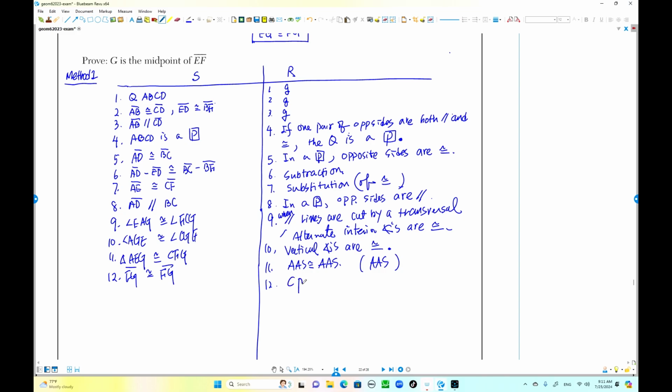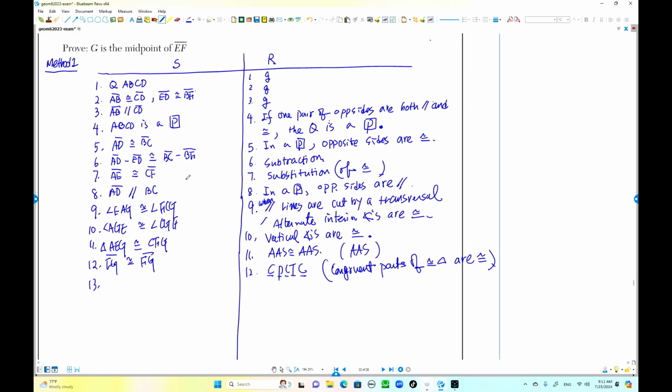You can use CPCTC, or you can write it out: congruent parts of congruent triangles are congruent.